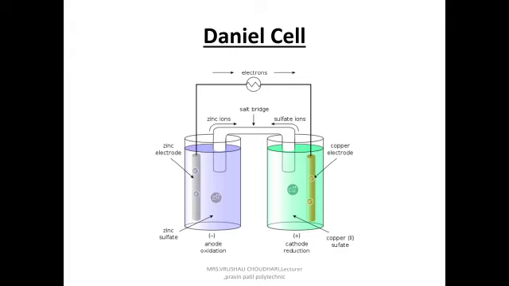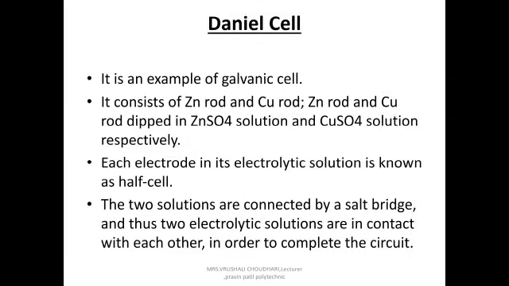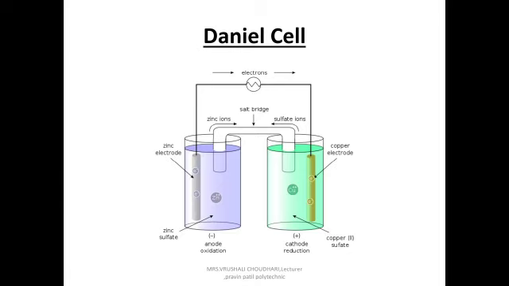So zinc has a tendency to lose electrons, and whatever electrons are lost by the zinc metal will transfer through this voltmeter towards the copper electrode. As electrons move, we will observe the deflection in the voltmeter. As copper gains electrons, copper becomes negatively charged and it attracts positively charged Cu2+ ions.